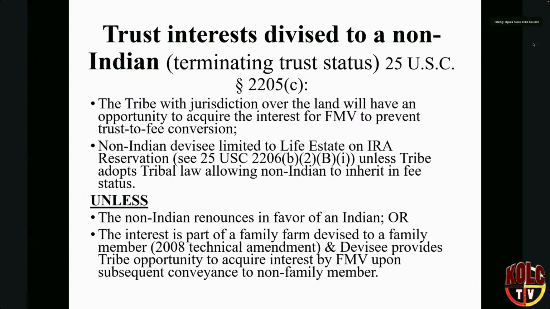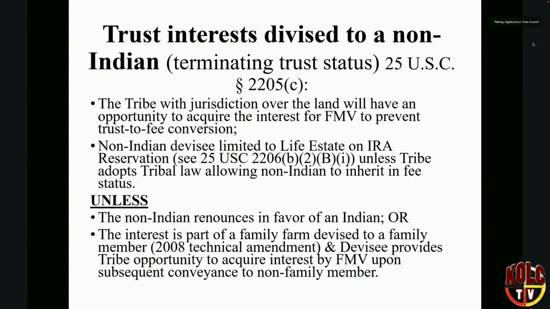Now, if you have a spouse who is non-Indian or somebody else that's non-Indian, you can try to do a will to a non-Indian. But it says here that the tribe with jurisdiction over the land will have an opportunity to buy that interest for fair market value right at probate to prevent it from going out of trust. So if you have a non-Indian spouse and the tribe gets notice of the probate, they can show up and say, we want to buy this land before this non-Indian takes it.